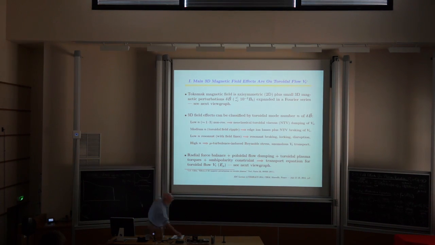For example, halfway out, you might have a q equals 2, 1 surface, and you might have a q equals 1, 1 surface here, and maybe a 3, 1 here, and so forth. So if you put on an external magnetic perturbation that is resonant with a field as a function of radius, here's my little tokamak, someplace resonant in the plasma, you can interact with it.